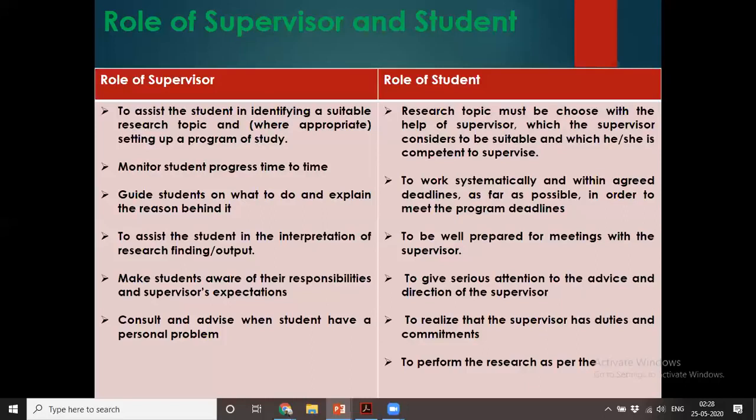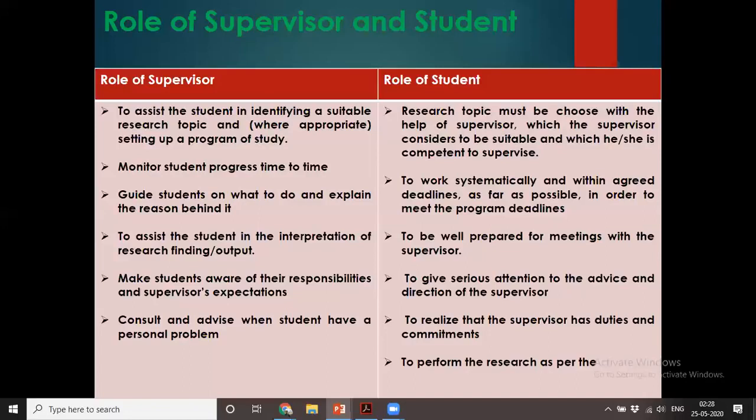According to the supervisor's role, he must give some work to his research scholar, and in the next meeting ask about the work given in the previous meeting. On the basis of that, he has to regulate his research scholar.